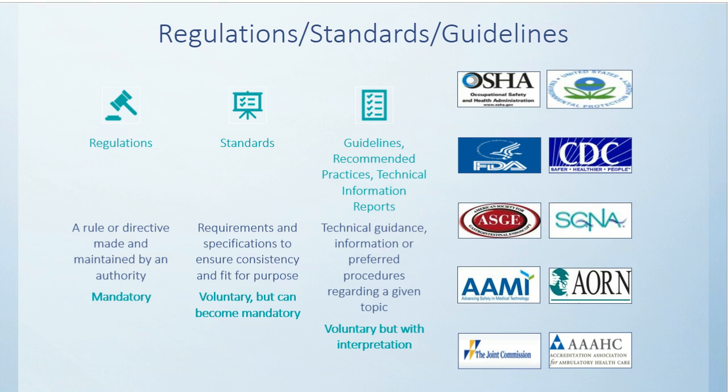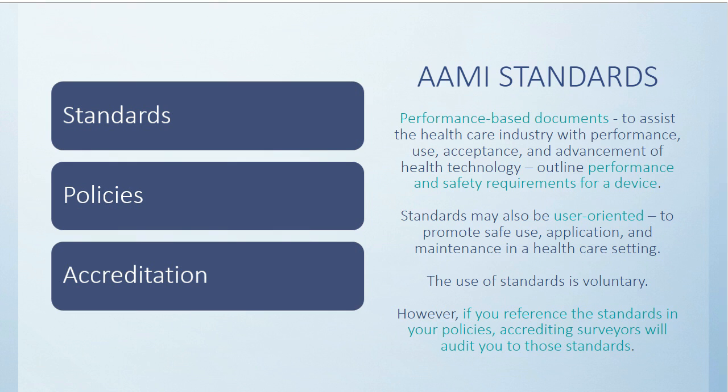To provide an example of how processing standards influence related policies and how both influence external accreditation surveying, let's consider AAMI standards. Standards are performance-based documents that assist the healthcare industry with performance, use, acceptance, and advancement criteria.